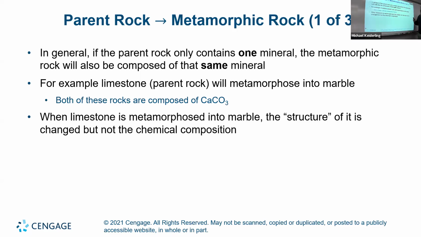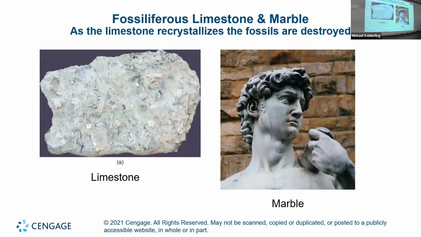When limestone metamorphosed into marble, the structure of it changed, but not its chemical composition. So here is limestone, and here is marble. As the limestone recrystallizes, the various fossils in it are destroyed.